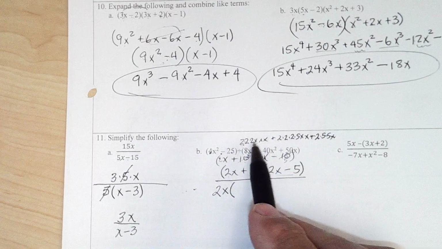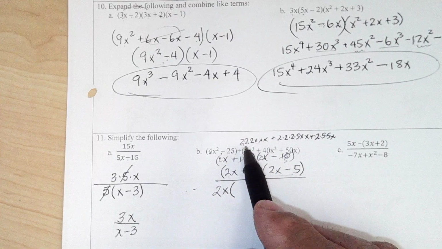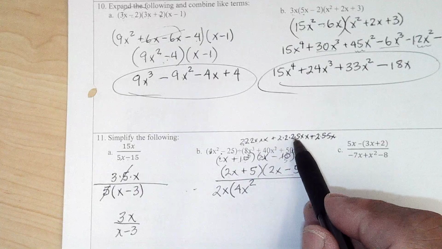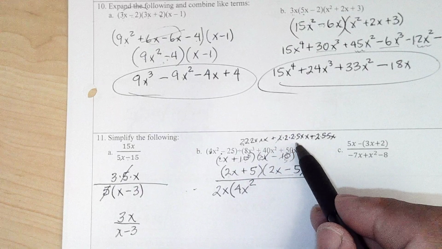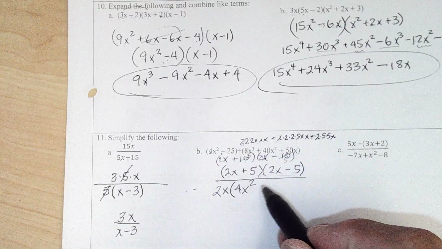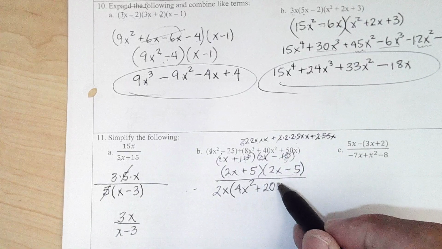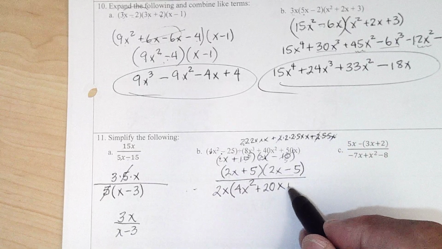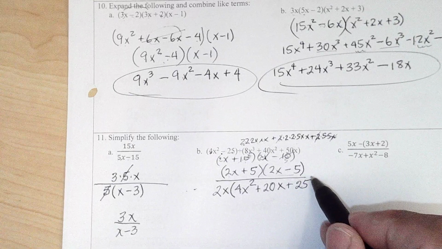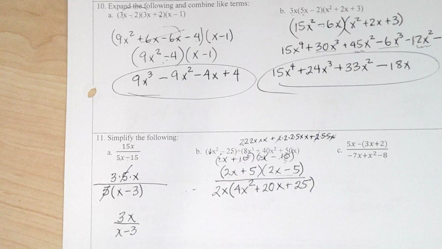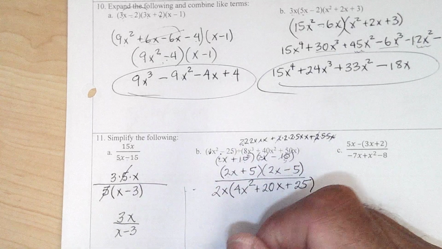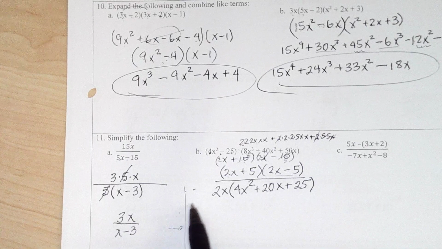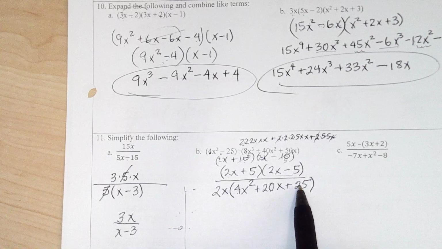And so I get what's left, which should be 4x squared. And if I take a 2 and an x out of here, I get 4 times 5, 20x. And if I'm taking a 2 and an x out of here, I've got plus 25. And if I line 20 on the strips, which is going to be hard for you because they don't line up, they've got to add to be 20 and multiply to be 100.